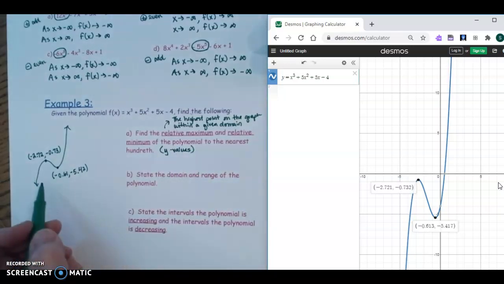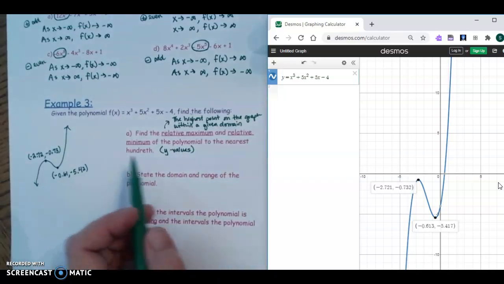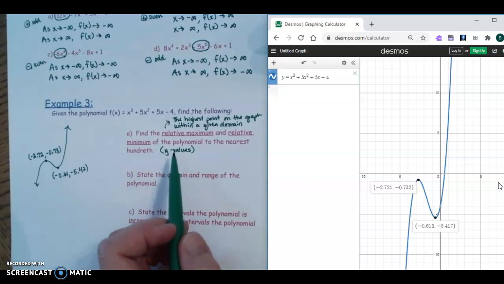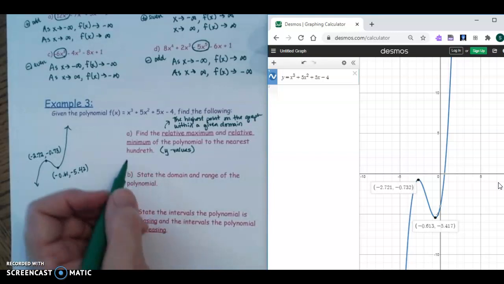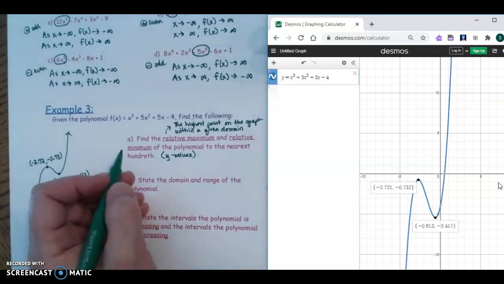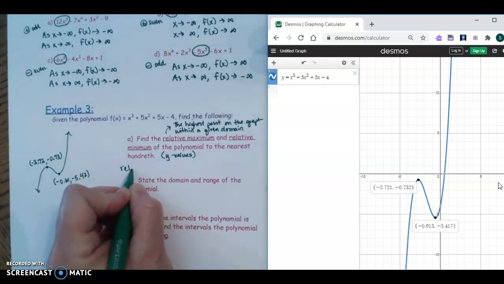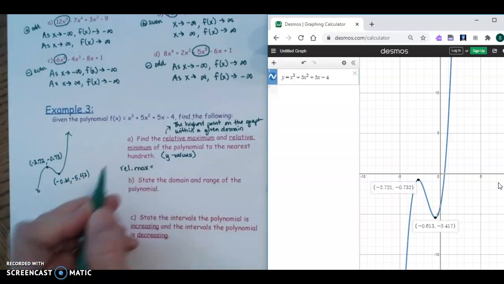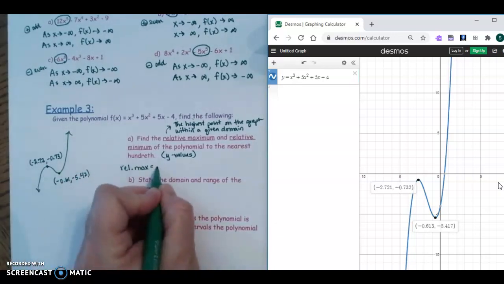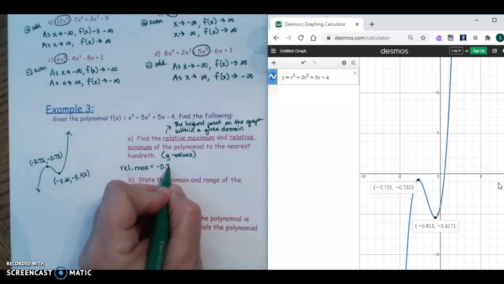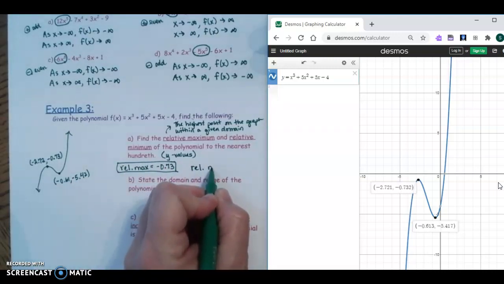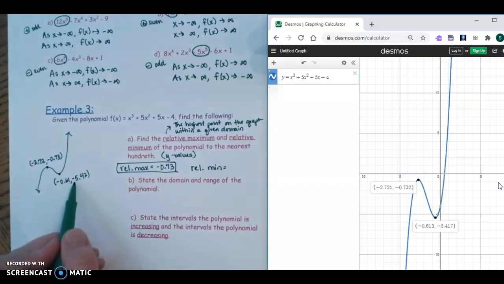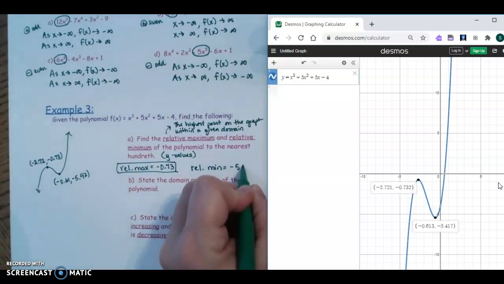You could write the whole coordinate if you wanted, but in this case, I'm just going to write the y values. So our relative max, I'm going to abbreviate, is going to be at the y value negative 0.73, and our relative min would be at the y value negative 5.42.